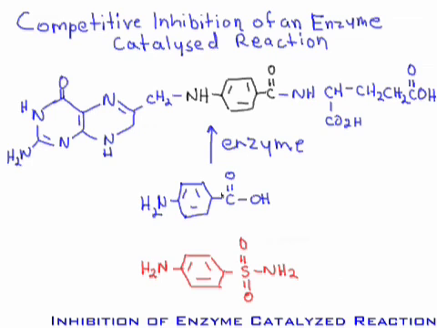That means PABA is not inserted into the molecule to create folic acid. That means no folic acid is available to the bacteria. Bacteria can't reproduce, the bacteria die. The sulfanilamide competes for the active site of the enzyme.